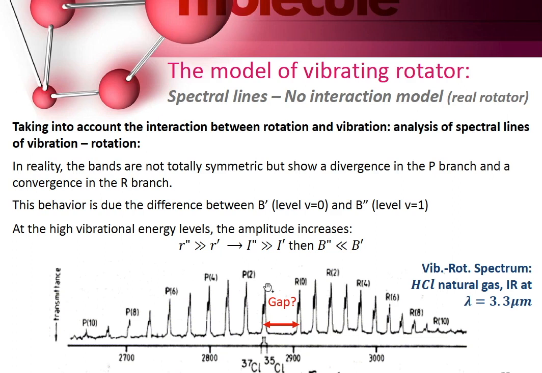So we call that B prime for the level 0 and B second for level 1. And our goal is to see how these two different values would interfere in the expressions and how we can calculate them from the spectra.